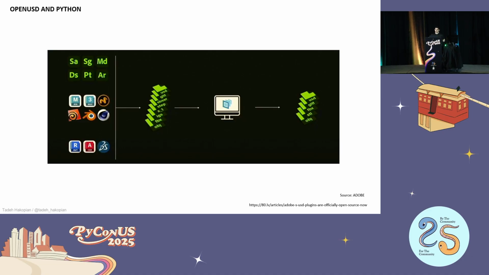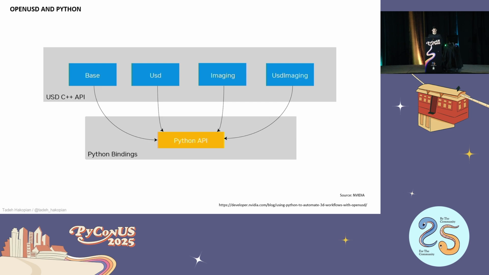And this is something developed by Pixar, adopted by NVIDIA and other companies like Adobe. So you have an easier way to federate your models. And the beauty of it in the future is you can use Python bindings for all this moving forward. So it's not just something you have to, again, duct tape together. It was based in C++. Now Python bindings are possible to do all this base imaging and mapping out.